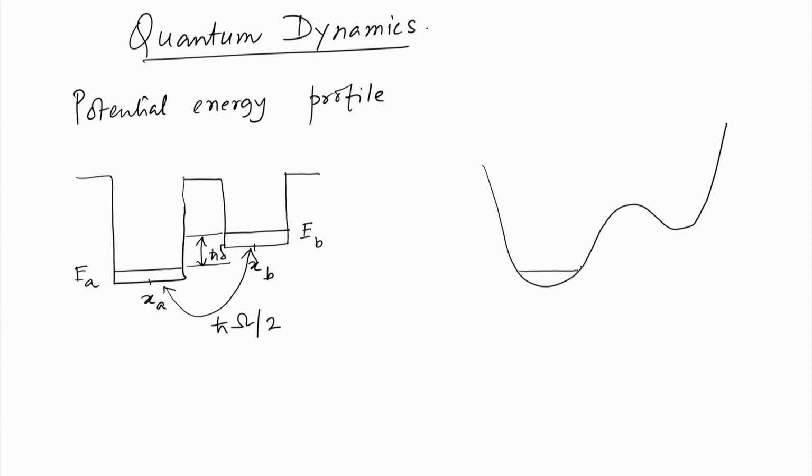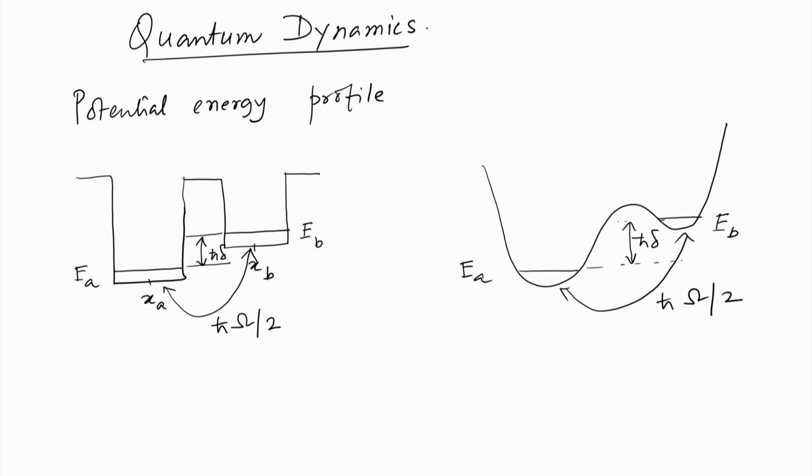Similarly, in the parabolic well we can define similar quantities, which are again E A and E B, and the difference in energy, called the detuning energy, is h cross delta, as well as the tunneling between them, again given by h cross omega by 2.